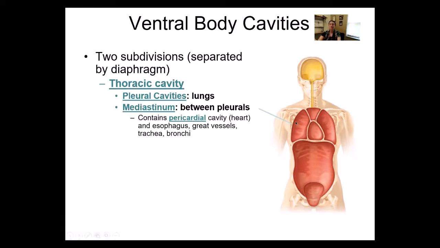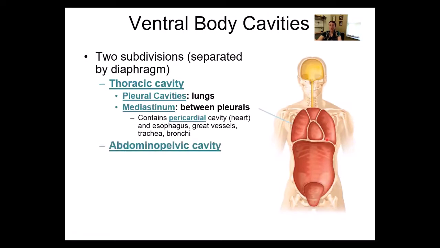So again, serous membranes, pericardial cavity is within the space, the mediastinum. Pleural cavities are around each of the lungs, all of which is located within the thoracic cavity.